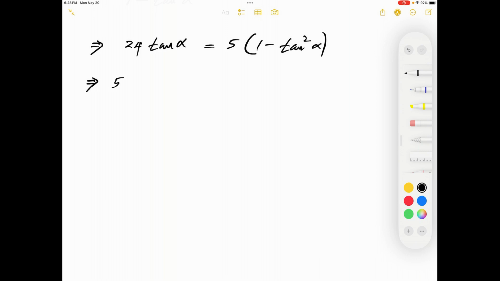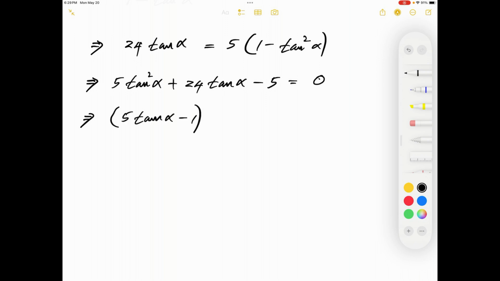This equation becomes 5 tangent squared alpha plus 24 tangent alpha minus 5 being equal to 0. Alright, that equation has nice factors. If you factor this equation, we have 5 tangent alpha minus 1 times tangent alpha plus 5. This is equal to 0.